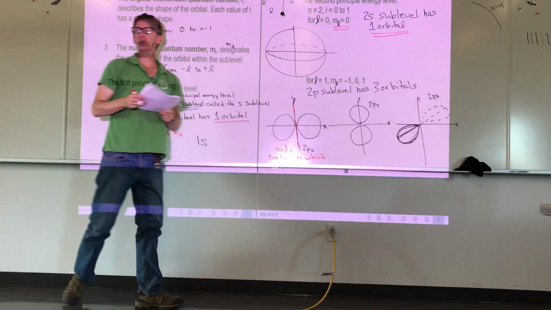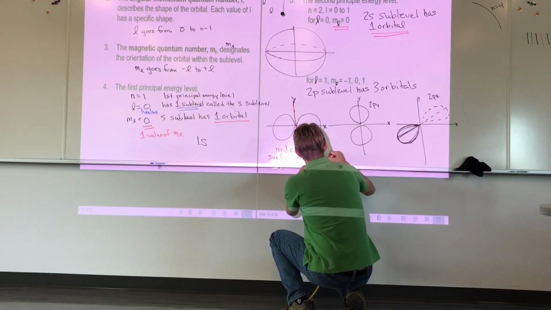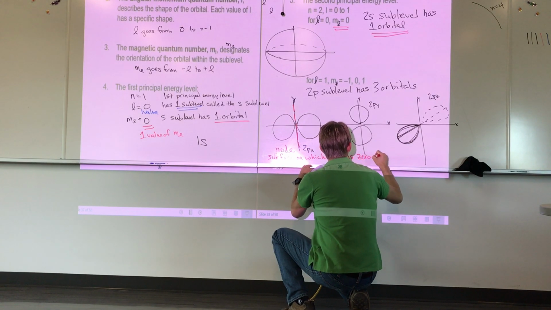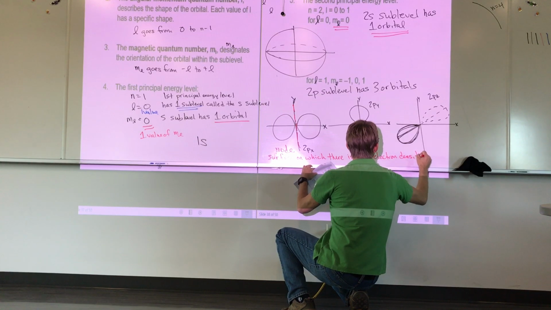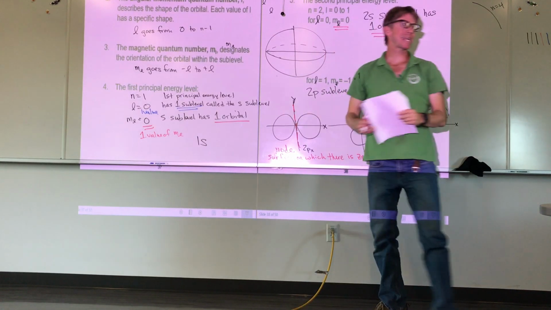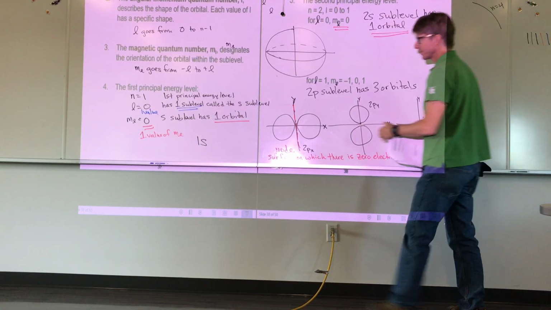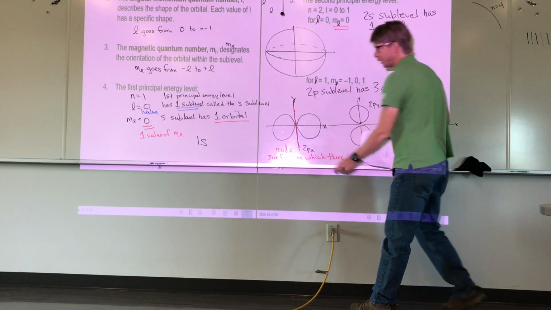A surface on which there is 0 electron density? What does that mean? That means that the electron cannot be there. The electron can be here, or the electrons in the sublevel can be here.